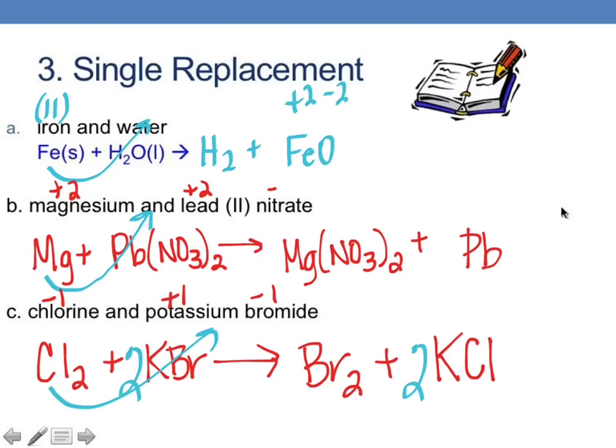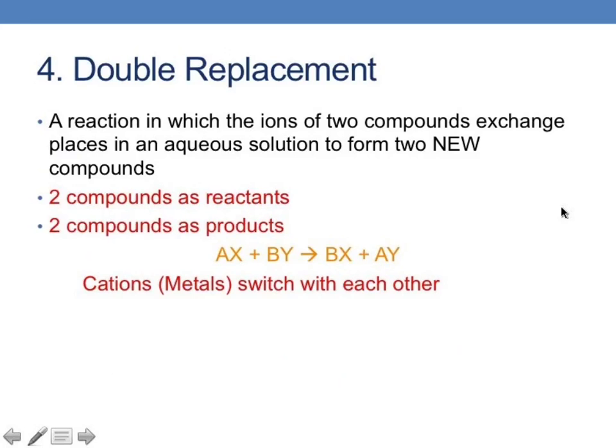Okay. So next, if you don't have a single replacement, if you have 2 compounds, what happens in a double replacement is those 2 compounds will switch partners. So the metal of one will kick out the metal of the other one.